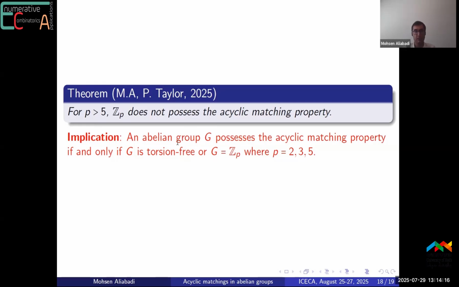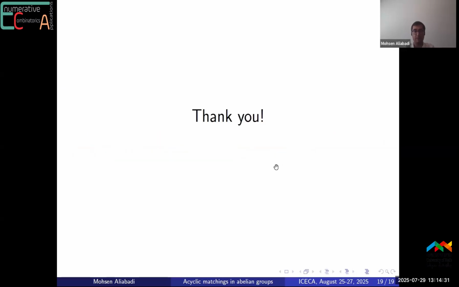An abelian group G possesses the acyclic matching property if and only if G is either torsion free or G equals Z_2, Z_3, or Z_5. Thank you for your attention.